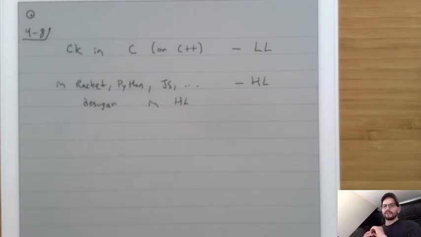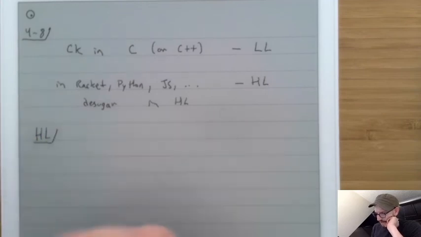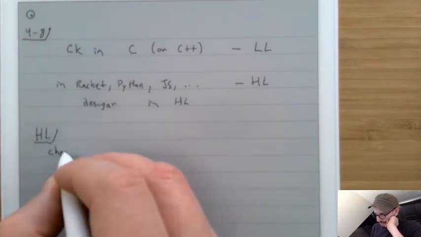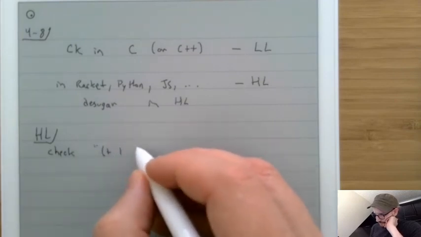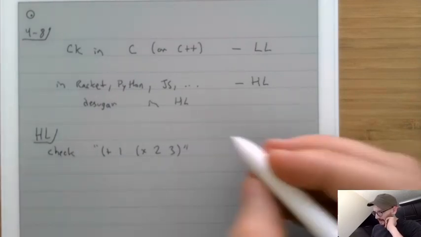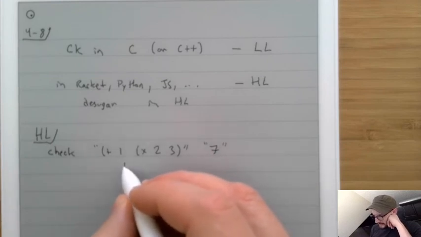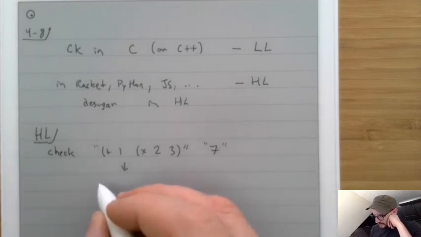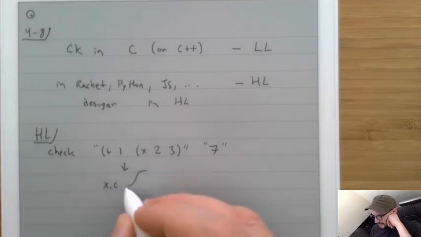Here's the way that mine works. In my high-level program, I have a function that's called check, and it takes as an argument the string +1 times 2, 3. And it would also have the number 7, really the string 7. Then my high-level language takes this and turns it into a file called x.c. If I go look inside of x.c, it looks like this.